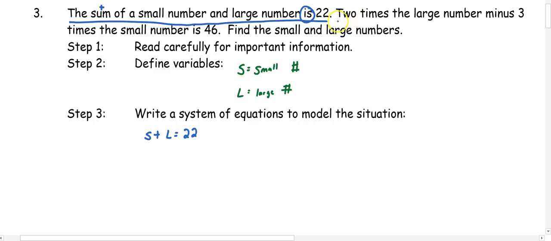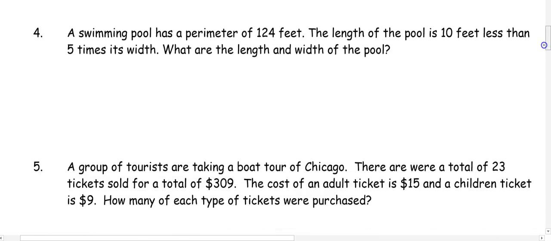The second sentence then tells us 2 times the large number minus 3 times the small number is 46. So we know it's equal to 46. 2 times the large number, so we're multiplying, 2L, minus, so subtract 3 times the small number, so 3S. And then later on we would go on and solve this.